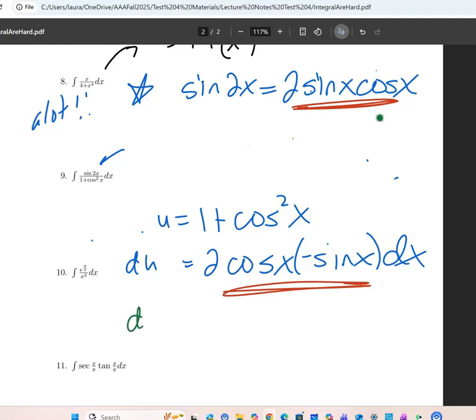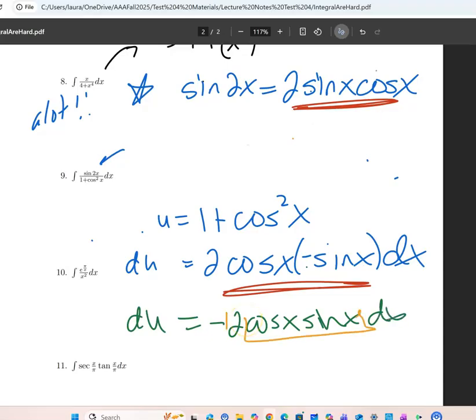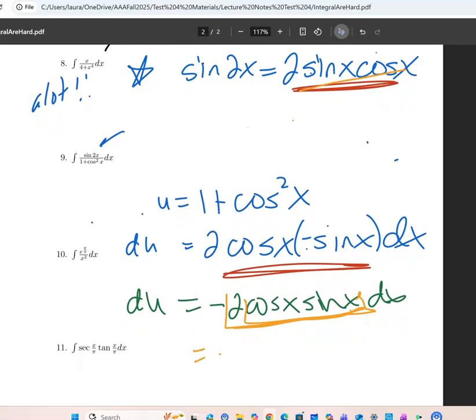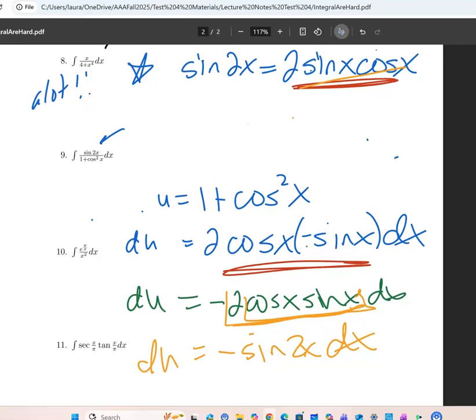My du is the same as negative 2 times cosine of x sine of x dx. So this can be replaced with that, so I get negative sine of 2x. That's kind of nice because that's what I've got in the numerator.